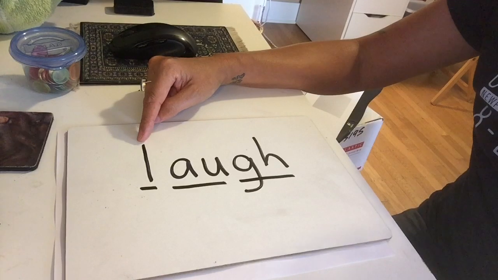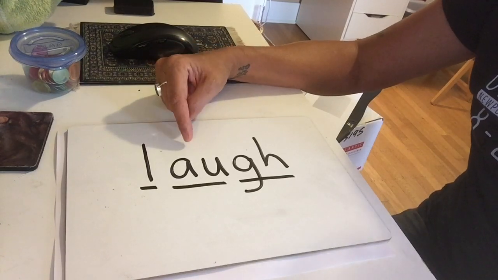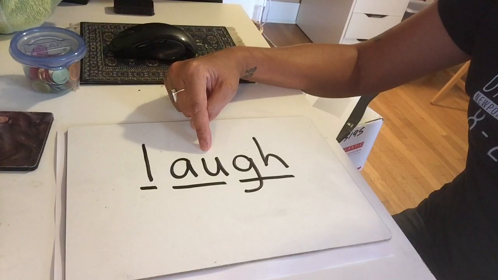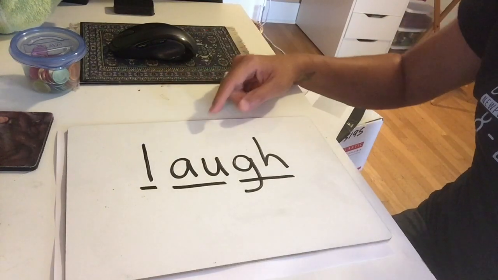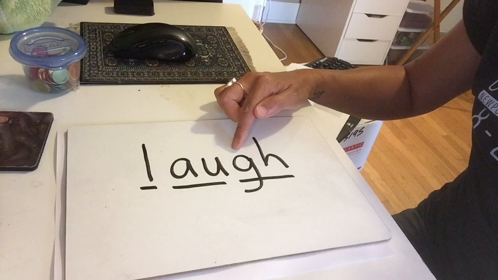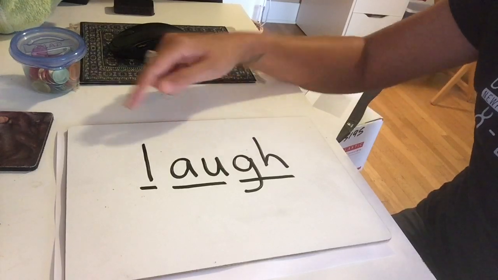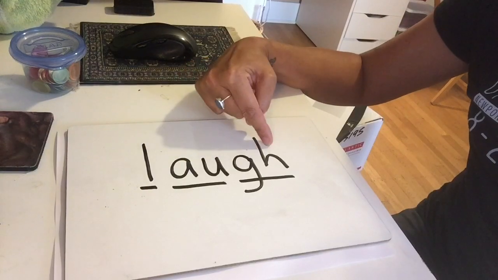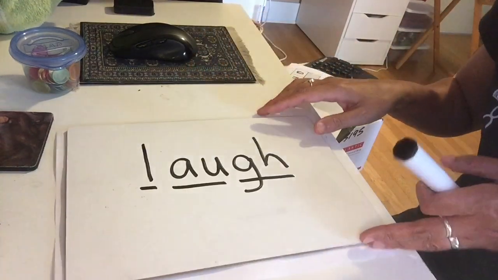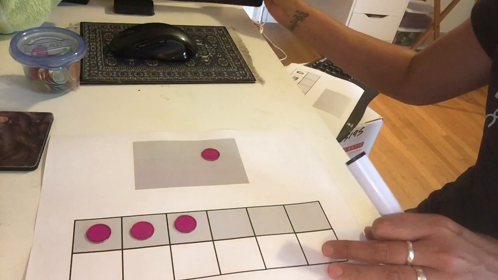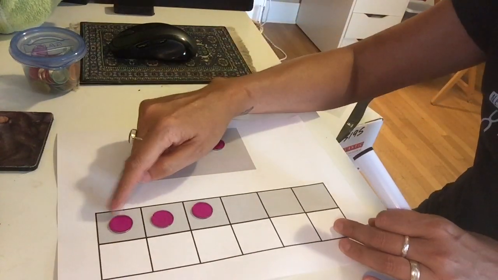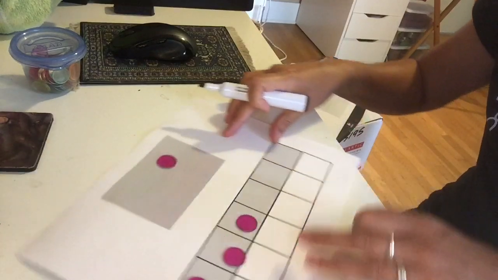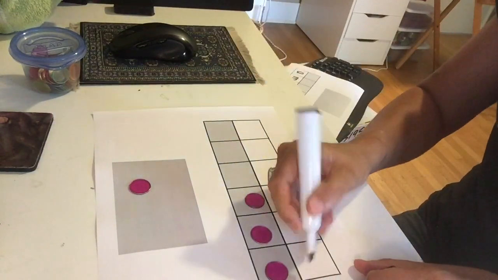And then we say L. And a, U says a in this word. And G, H. Let's spell that word. L, A, U, G, H. And then we would take the word away. Laugh. O, a, f. And then we have the students write the word.